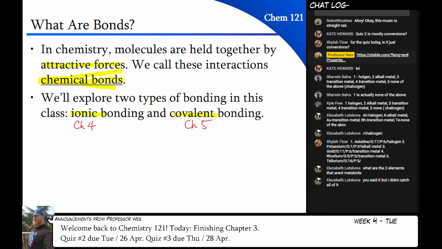For ionic bonds, we're going to look at things like table salt, which have extremely high melting and boiling points. They're soluble in water, and other things that we'll mention. In Chapter 5, covalent compounds tend to be insoluble in water to some degree. Some are soluble, but a lot of them aren't. They have very low melting and boiling points.